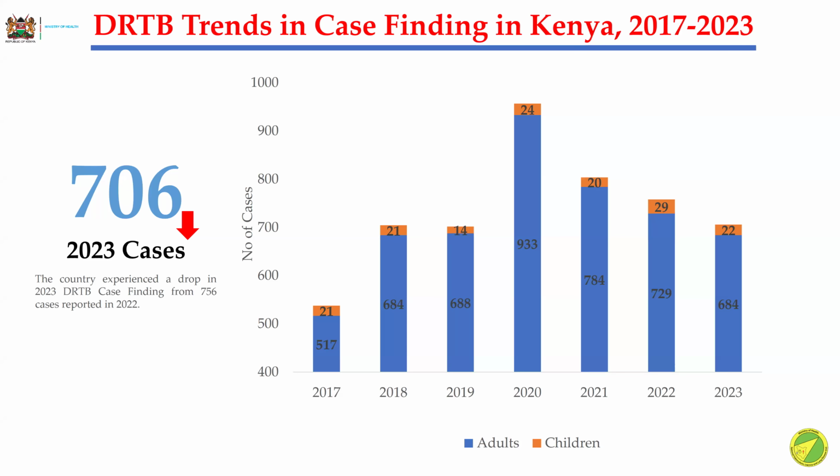In the year 2020, we saw a big increase, 24 children and 933 adults, and 2021, 20 and 784, 2022, 29 children, 729 adults, and 2023, 22 and 684. At least this one you can observe that the more the number of adults coming with PRTP, also the increase in the number of children because of the contacts in that area.